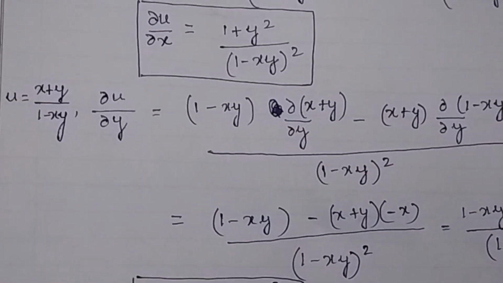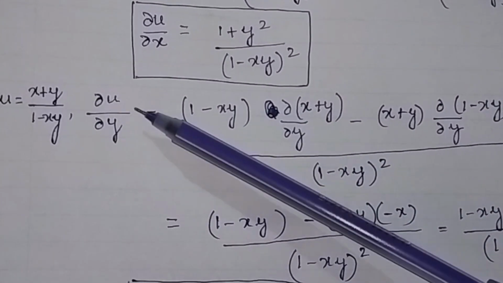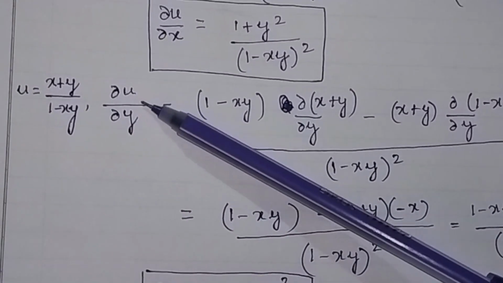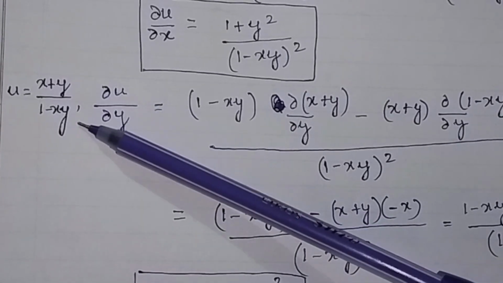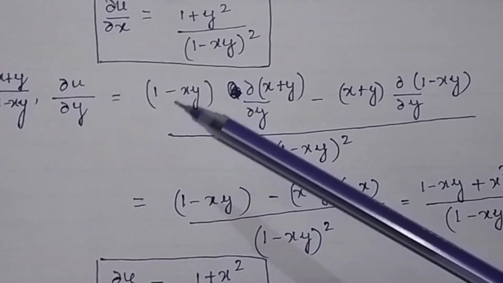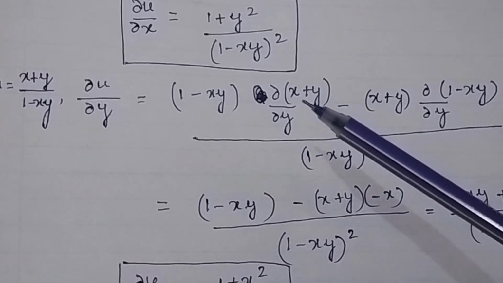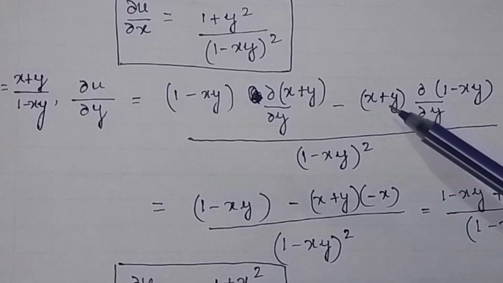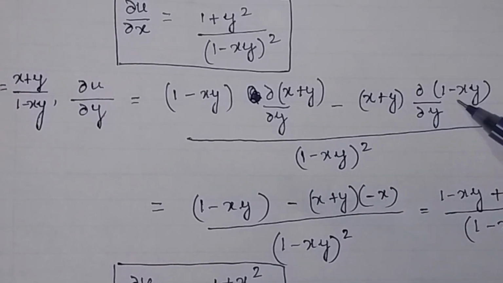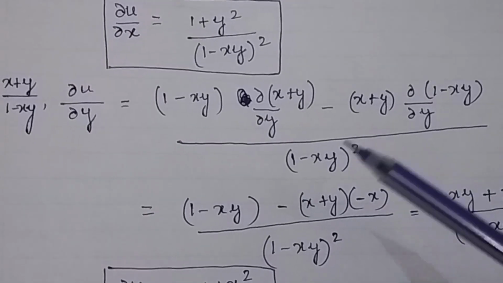Now we'll find out the partial derivative of u with respect to y. It is given that u equal to (x plus y) divided by (1 minus xy). Applying the division rule, that will be equal to (1 minus xy) into the partial derivative of (x plus y) with respect to y, minus (x plus y) into the partial derivative of (1 minus xy) with respect to y, divided by (1 minus xy) whole square.